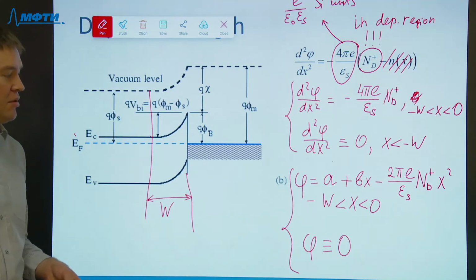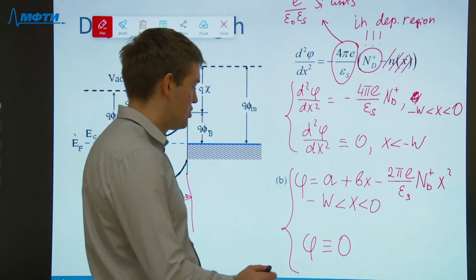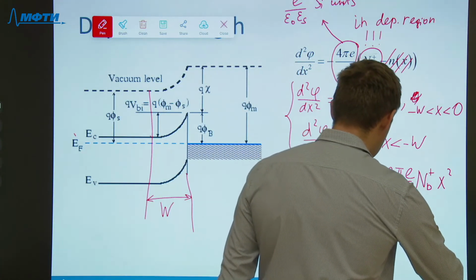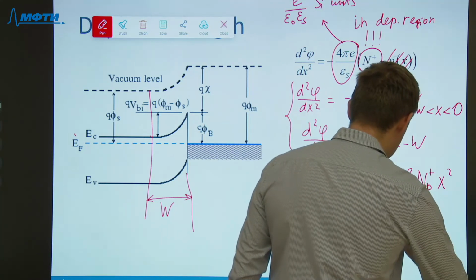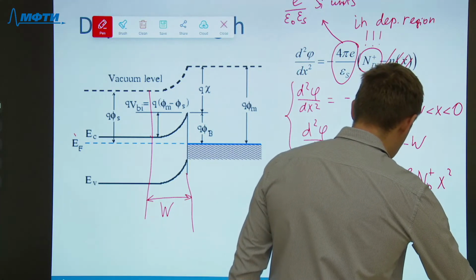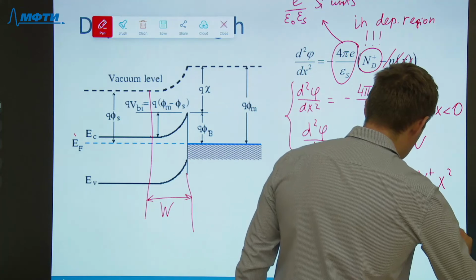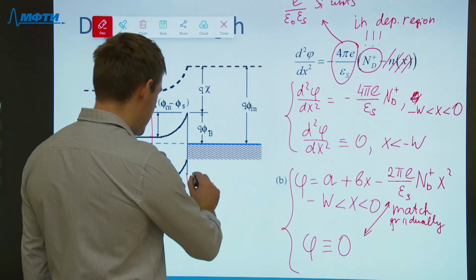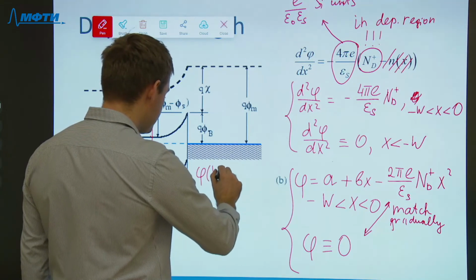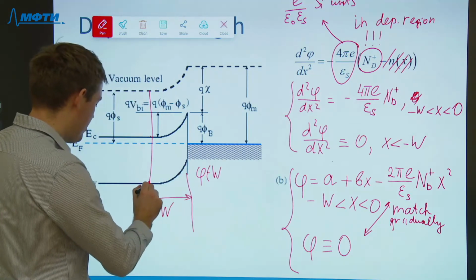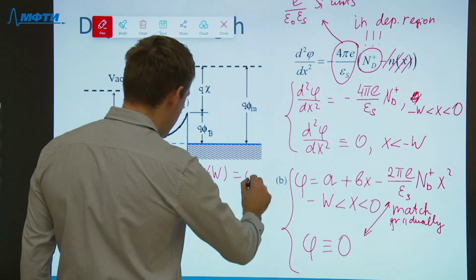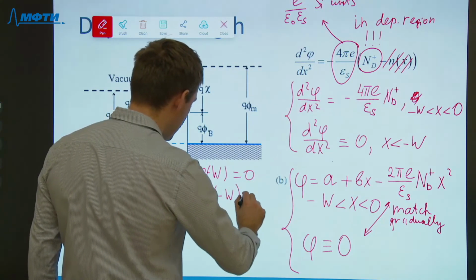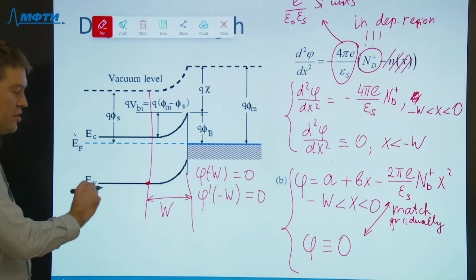What remains is that we should match these solutions gradually. Gradual matching means that not only the potentials at the matching point minus w should be equal, but the derivatives of the potential at the matching point should be equal too.